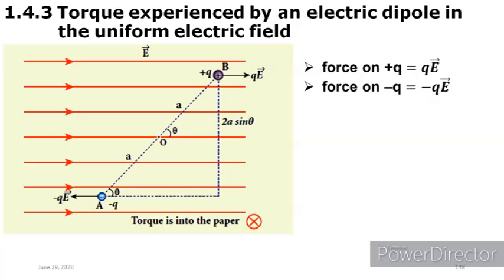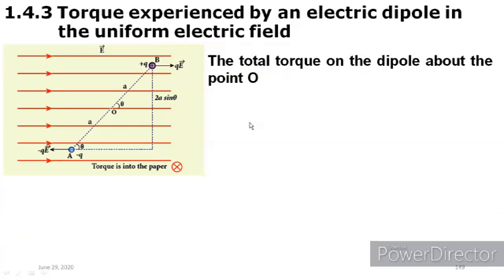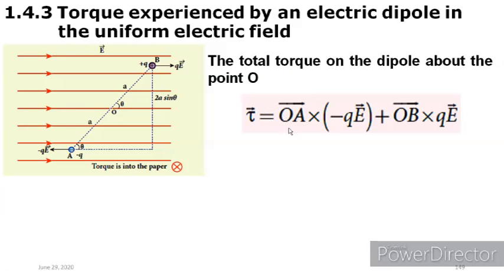Now we can write the torque about the point O, that is equal to OA, this distance OA, into this force minus qE, plus OB into this force plus qE. This can be simplified: OA cross minus qE is the cross product of two vectors. A cross B can be written as AB sin theta.